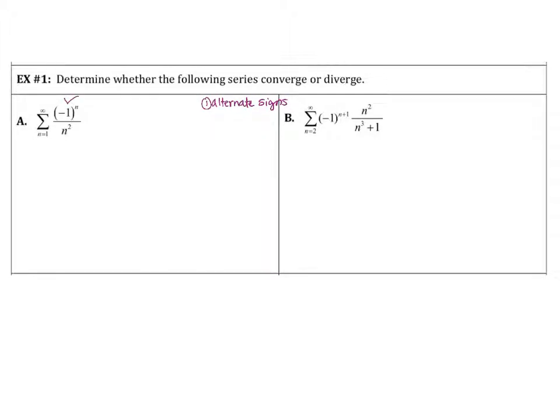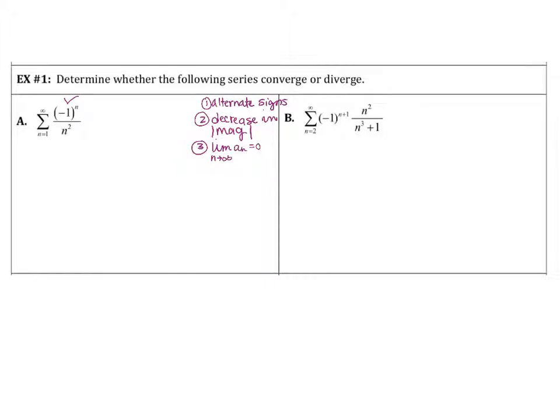The second thing is we have to decrease in magnitude, so that's your absolute value. Remember, magnitude is going to be absolute value. And the third thing is that you have a limit of 0. So the limit as n approaches infinity of our sequence must be equal to 0. Those three things must be met.